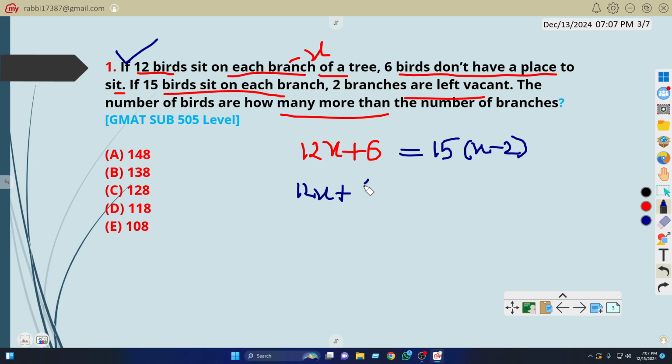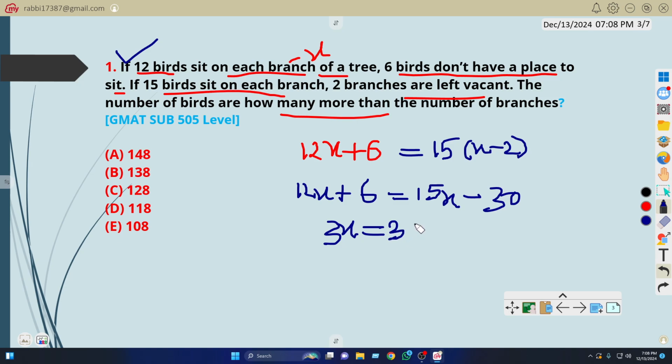The question is not so tough, and the other side is 15 into x minus 2, that is 15x minus 30. So what is the value of x? If we change sides, 15x minus 12x is 3x, and 30 plus 6 is 36.